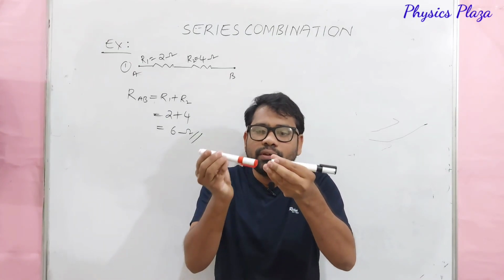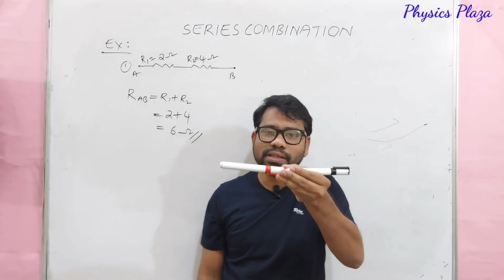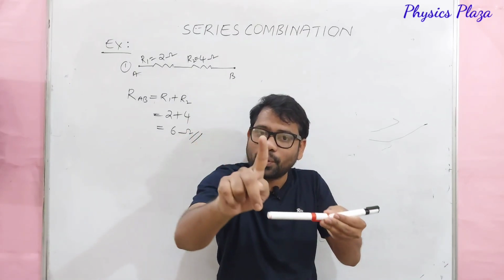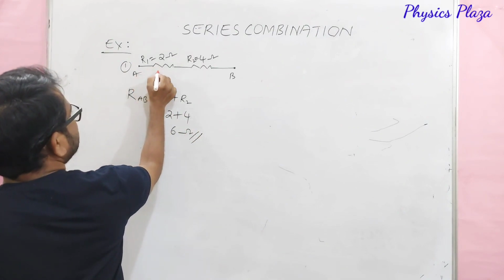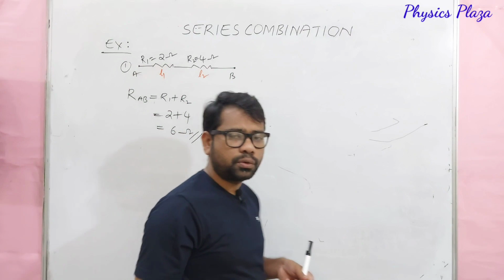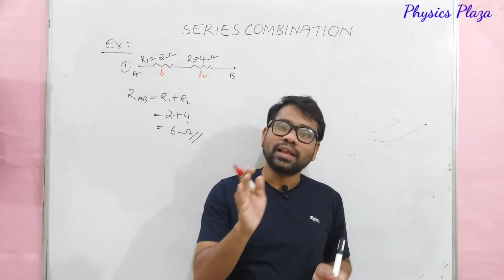Okay. So when these two resistors are connected in series, dear children, what is happening? Don't you think that the effective length is increasing? It's very important, dear children. For suppose its length is L1 and its length is L2. So the effective length of the resistor is increasing.